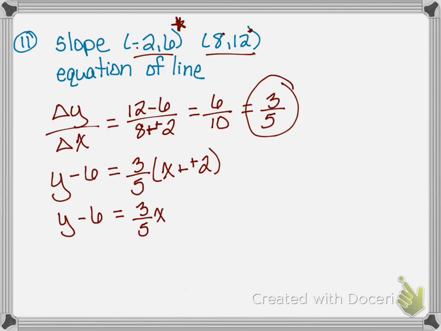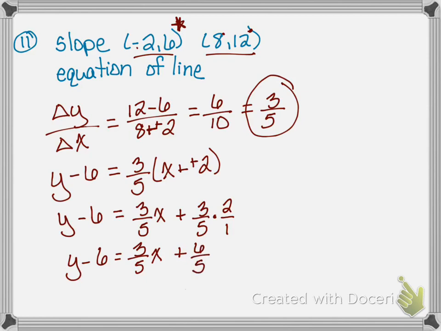And then I have 3/5 times 2 over 1. So y minus 6 equals 3/5 x plus 6 over 5. Okay, now I'm going to have to rewrite this.